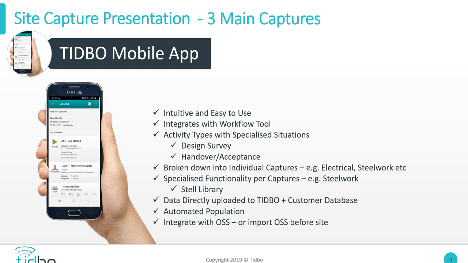The data itself is directly uploaded to the TIDBO and customer databases. That's all done via APIs. And with some of this data, it will actually auto-populate the 3D model.